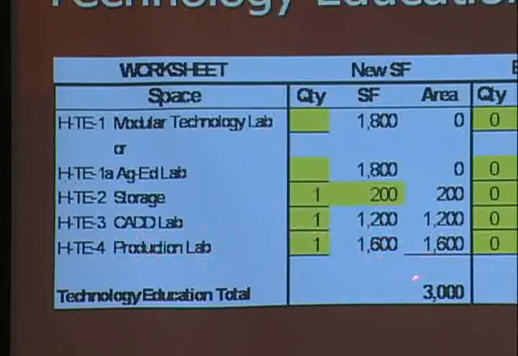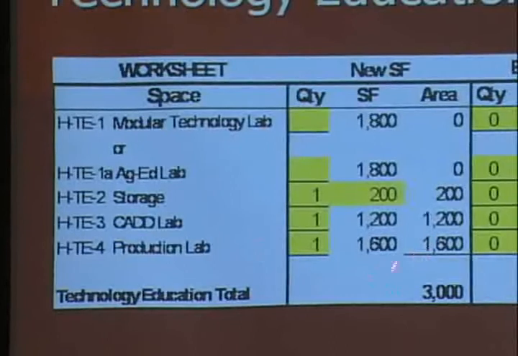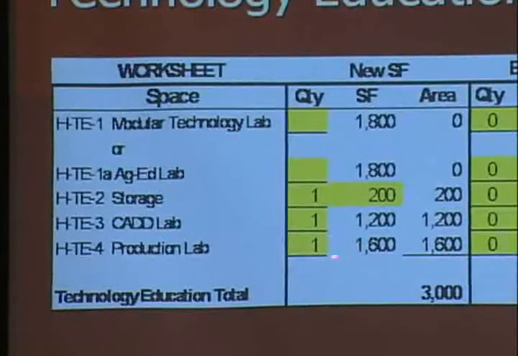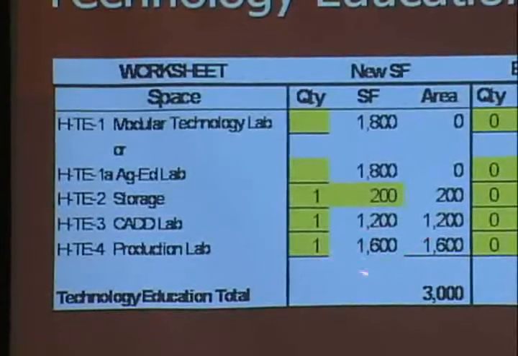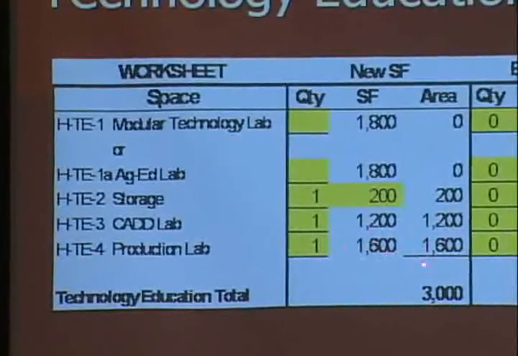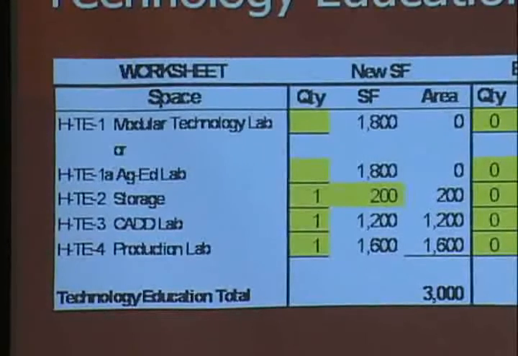That production lab houses what, when I was in high school, was known as industrial arts classes. Those are your woodworking, your auto shop type classes will all be housed in that 1,600 square foot area. And one of the nice things that we're looking at too is their association space-wise with the art program. Questions on technology ed?